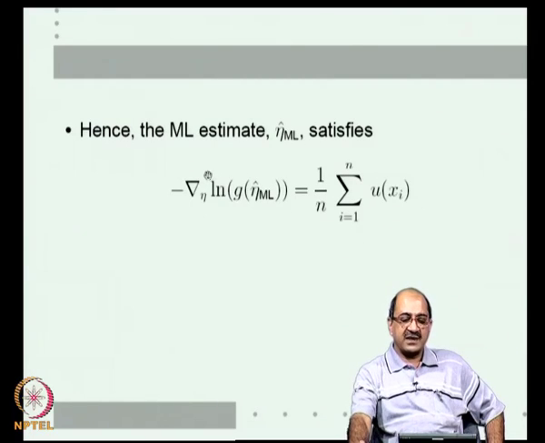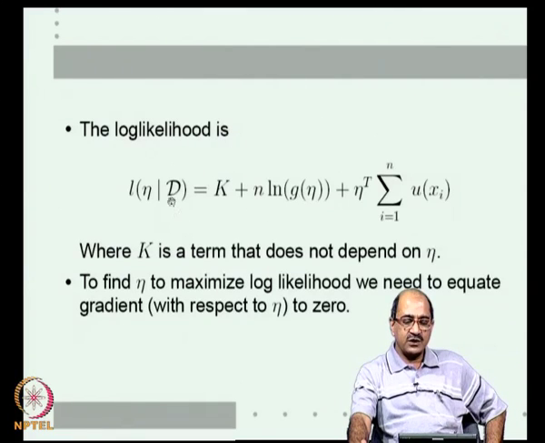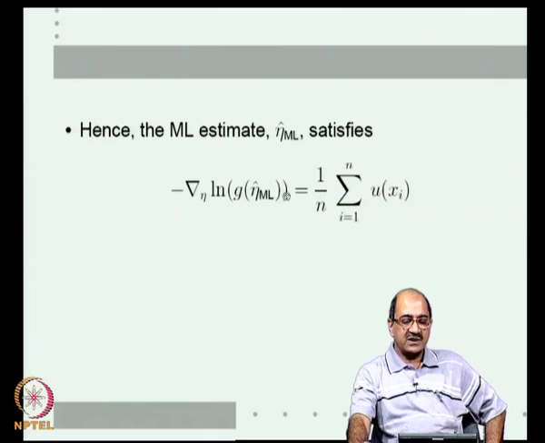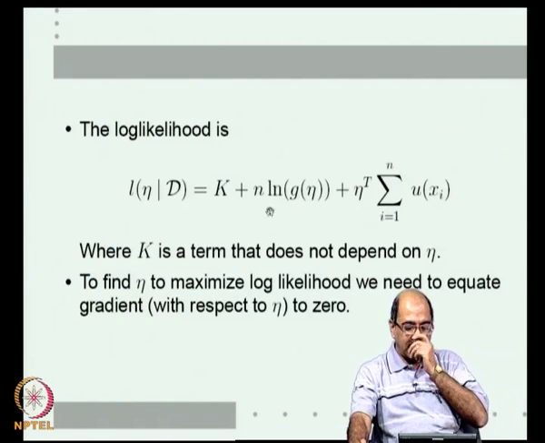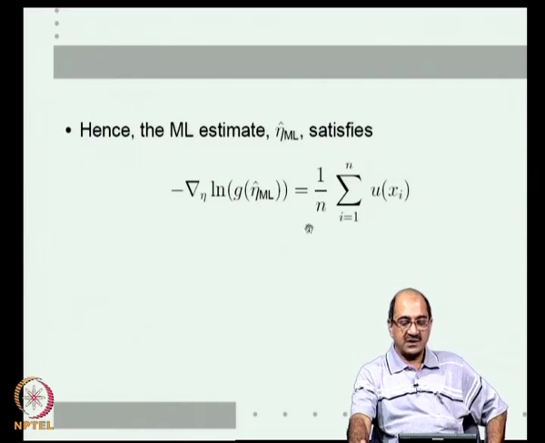So, that will be the gradient because I have to equate the gradient to 0. If I equate the gradient to 0 and solve, any ML estimate would satisfy this equation: minus gradient with respect to eta of ln g eta is equal to 1 by n summation I equal to 1 to n u x I. Right. I get n gradient ln g eta plus summation u x I is equal to 0. So, solving that we get this.